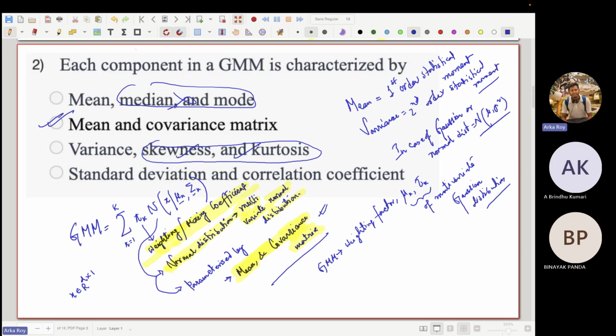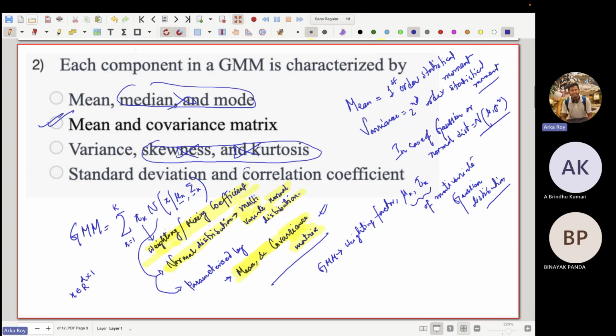As GMM comprises the Gaussian distribution, which is parameterized by mean and standard deviation, skewness and kurtosis are obviously not there in the equation. So far as variance is concerned, variance and standard deviation are related, but skewness and kurtosis are not present in the Gaussian mixture model. And the last one is standard deviation and correlation coefficient.